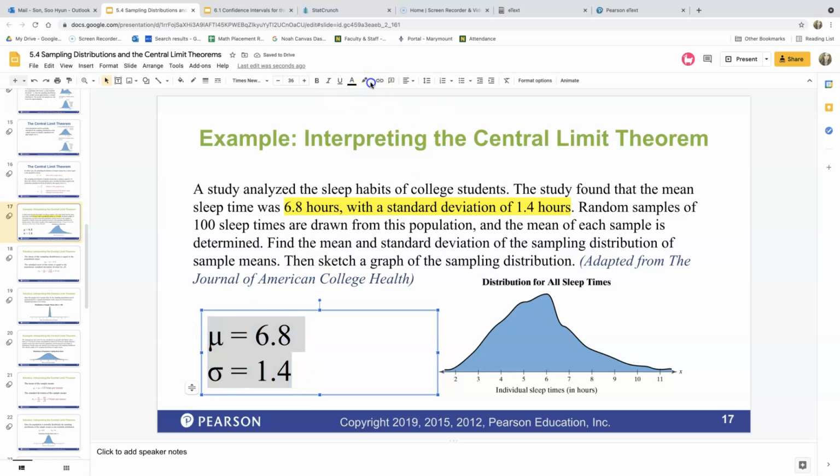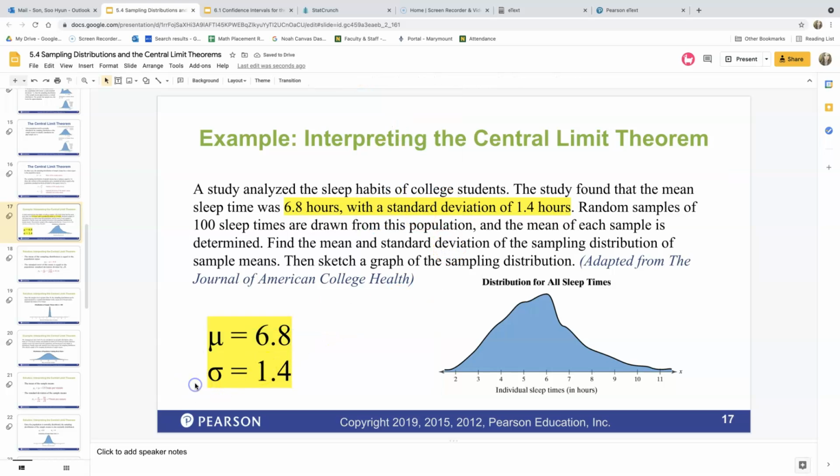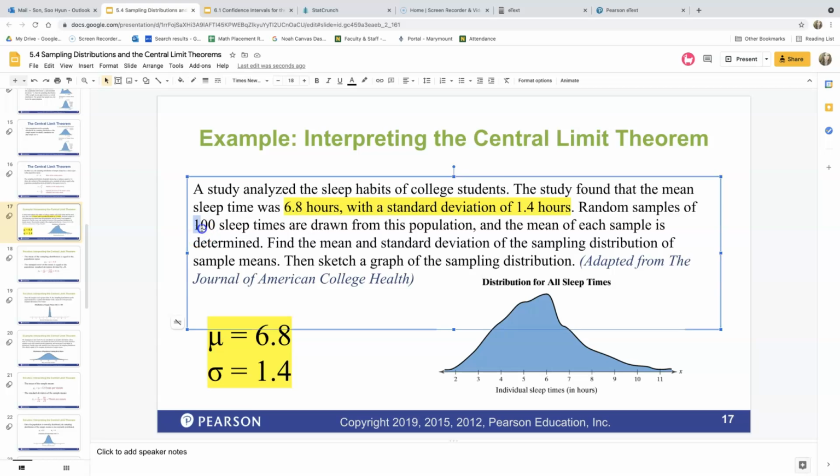Okay, so I marked those two things that I was given because those will be useful: the mean and the population standard deviation. They said a random sample of 100 sleep times are drawn from this population. I'm going to highlight this one too. This is important.